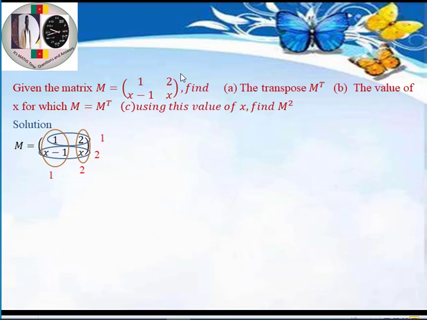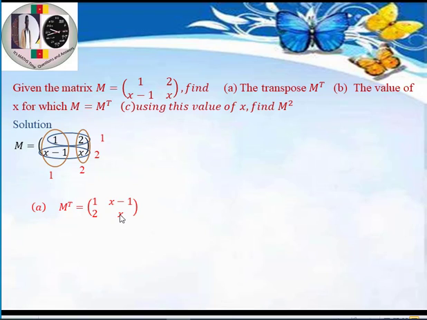Instead of having x minus 1 and x as the second row, we have x minus 1 and x as the second column. So interchanging the rows and the columns of a matrix gives us the transpose of the original matrix.